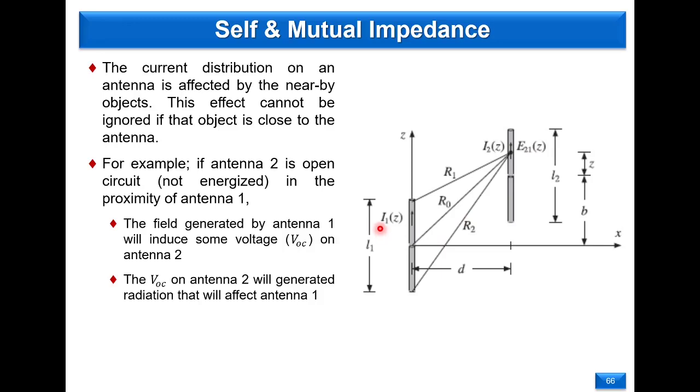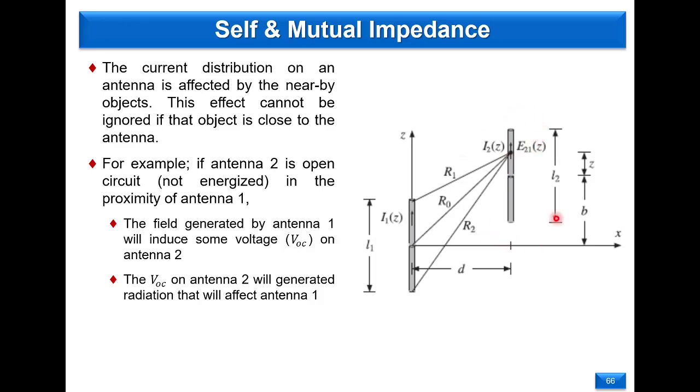So the field generated by current 1 on antenna 1 at this position is named E21. When this field is incident on the antenna, it will cause some open circuit voltage on this antenna, and this will push some current I2 on this antenna.